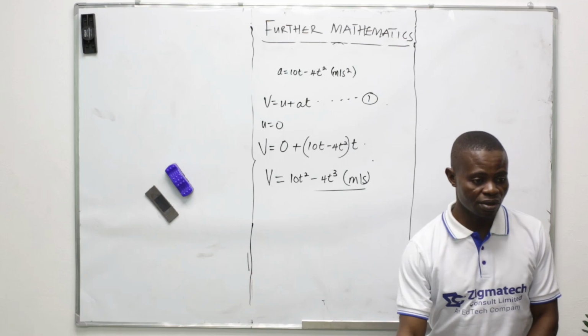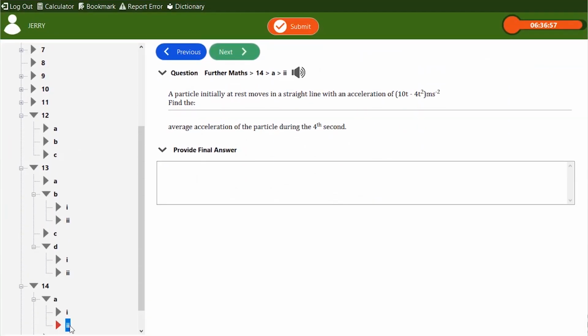The next question. Average acceleration of the particle during the 4th second. This is a technical question in physics, because I can remember most of the times they will tell you find the 9th second in your JAMB physics. Most of you will just apply 9 directly. No, it's wrong. So whenever they talk about 4th, 3rd, 9th, before 4th, there exists what? 3rd.